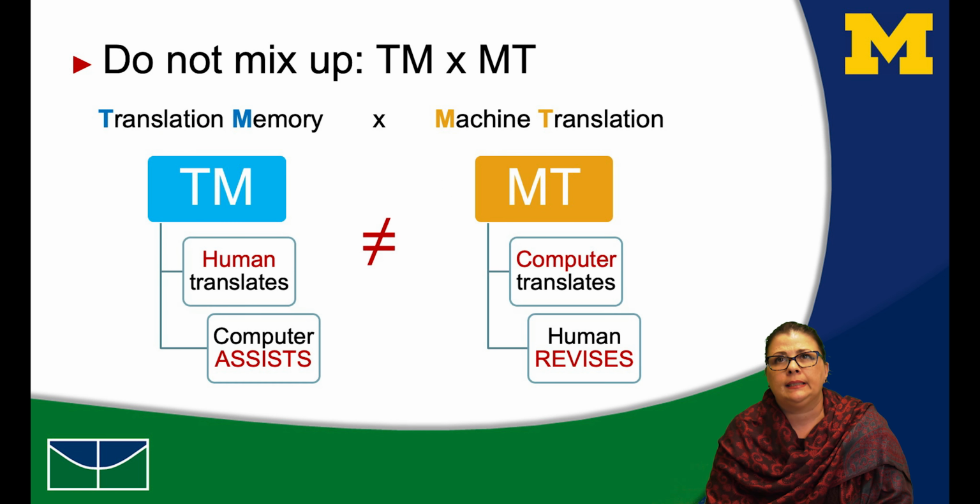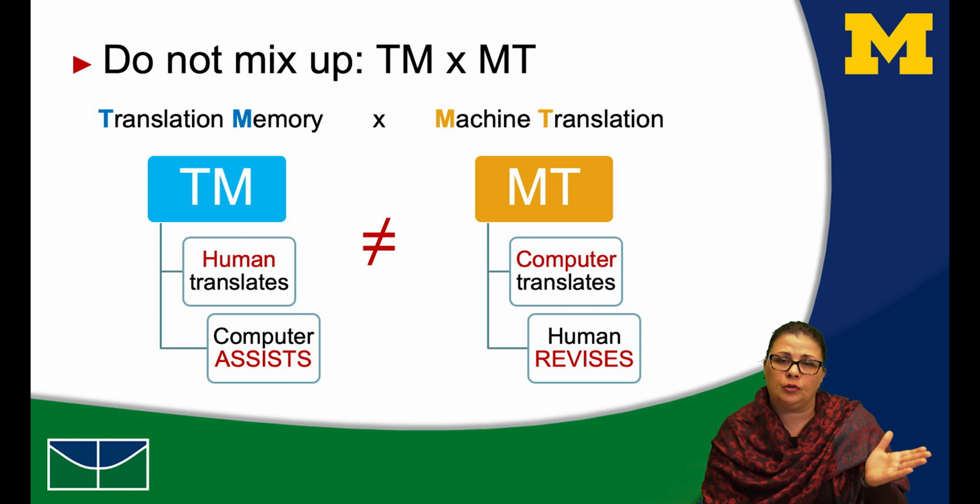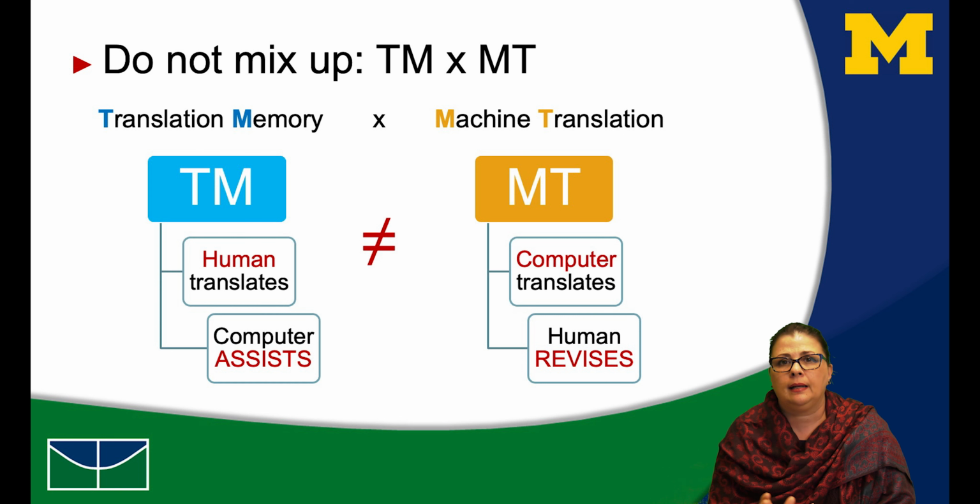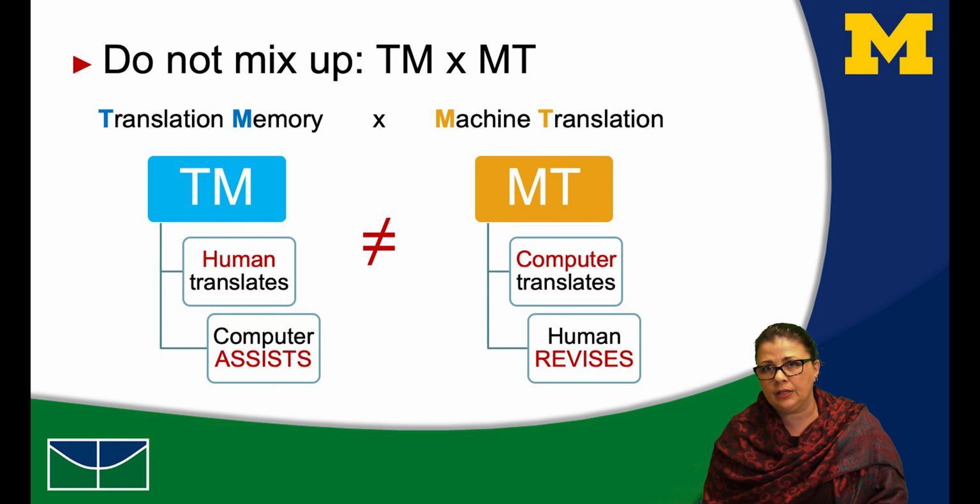One thing that also can be confusing is the acronyms TM, which stands for translation memory, and MT, which stands for machine translation. And these two things are very different. Translation memory is a mechanism to record your choices as you go over your translation.